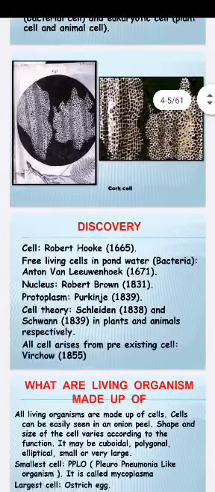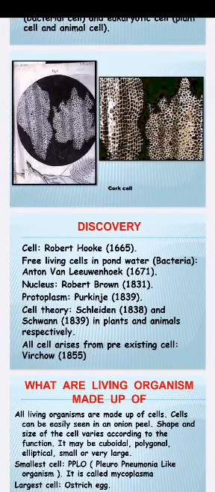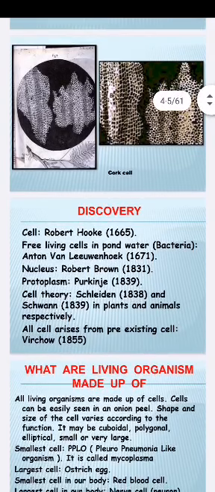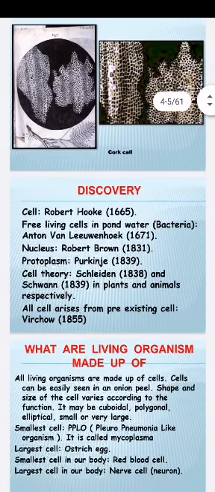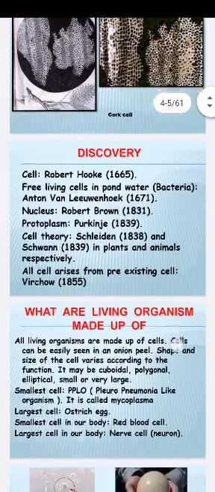Now the cell was discovered by Robert Hooke in 1665, but this cell was dead. It was discovered in cork shell. So the first living cell in pond water was discovered by Anton van Leeuwenhoek. After discovery of cell, nucleus was discovered by Robert Brown in 1831.